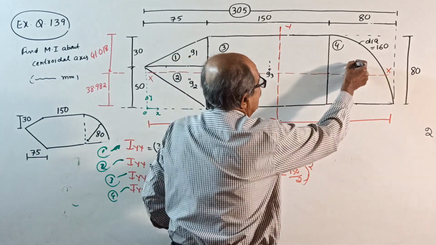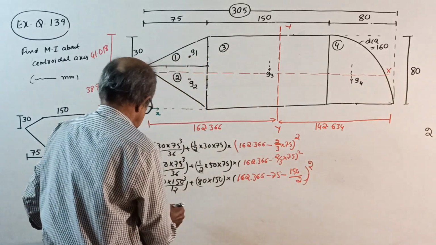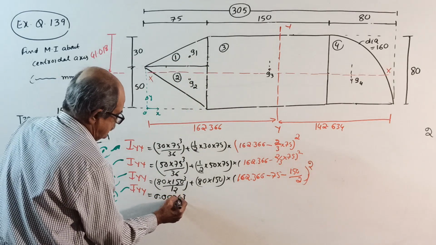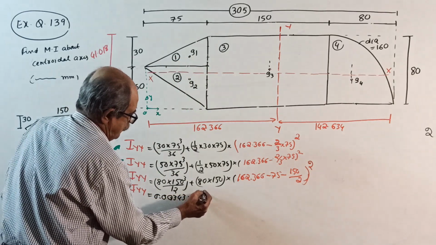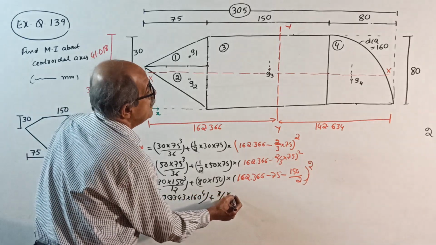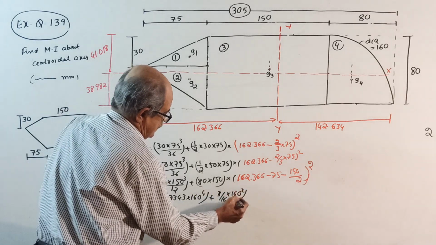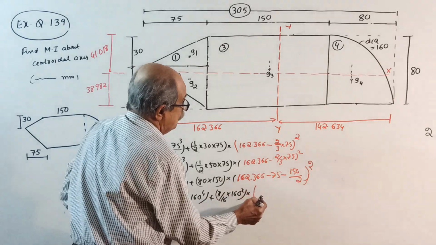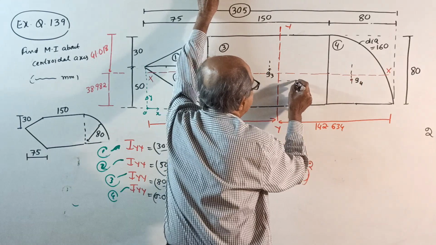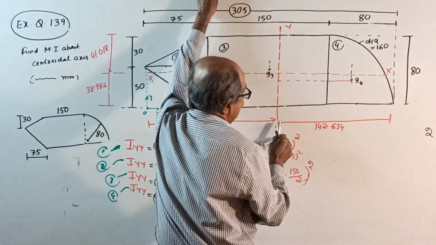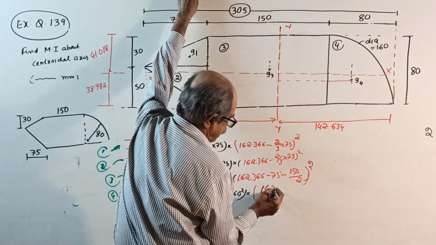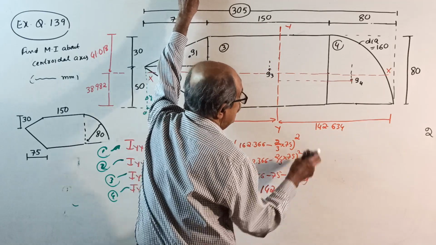Lastly, I about its own yy. Fourth one, 0.00343 into 160 power 4 Ig plus area pi by 16 of 160 square, area into, little careful now, this distance square, that is 142.634, be careful, 142.634.